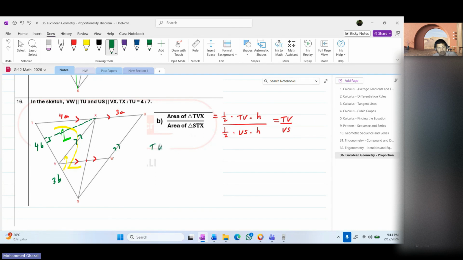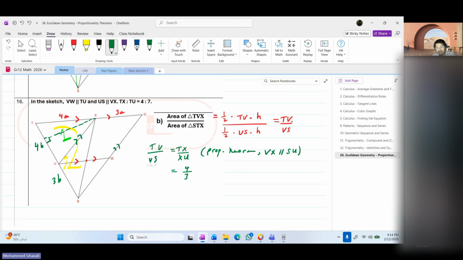So you need to say that TV over VS is equal to TX over XU. That's because of the proportionality theorem, because VX is parallel to SU. And now, what is TX over XU? That was given, 4 over 3.